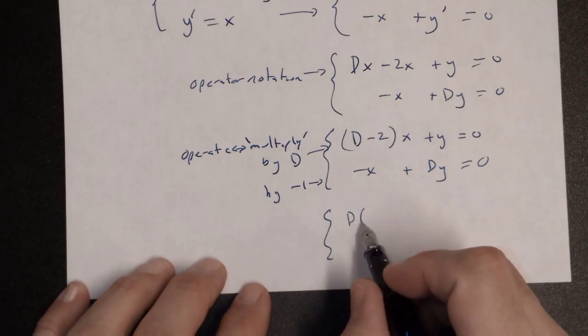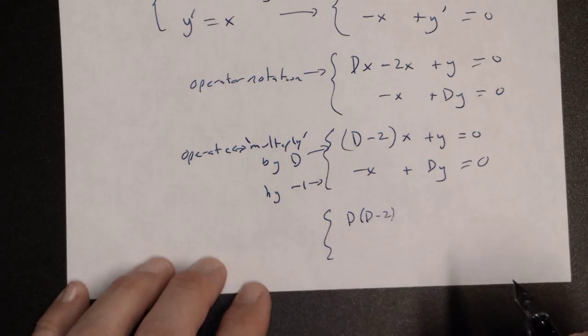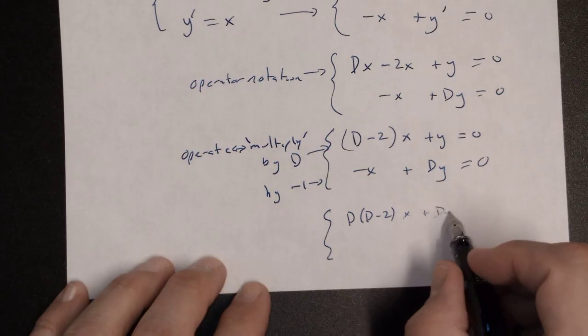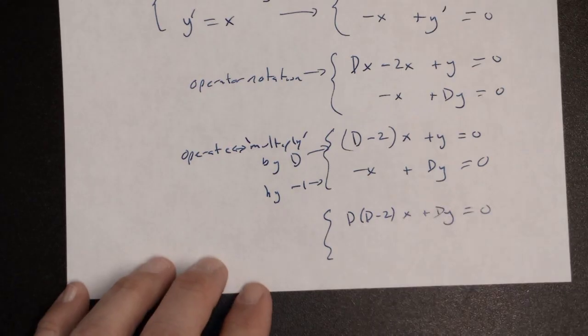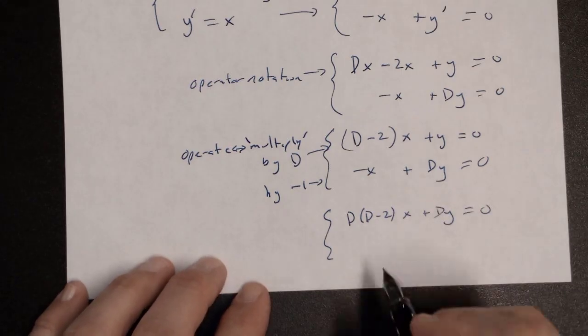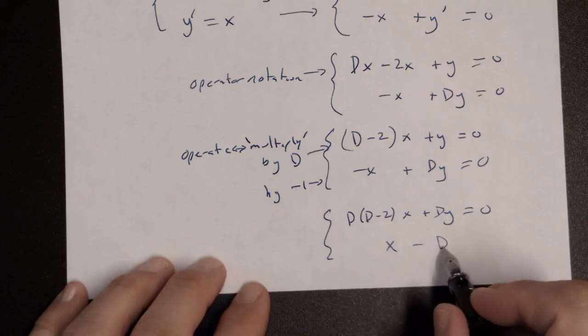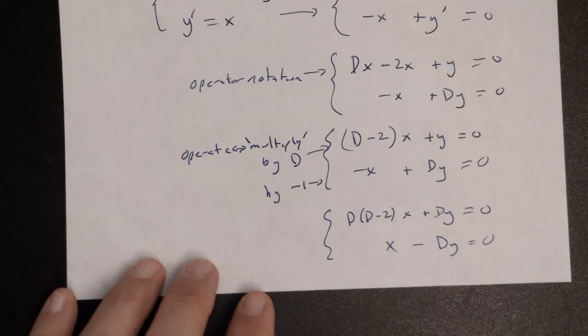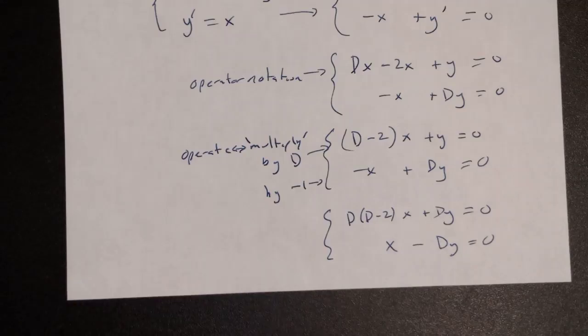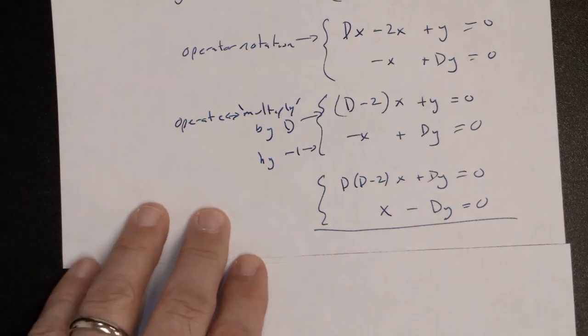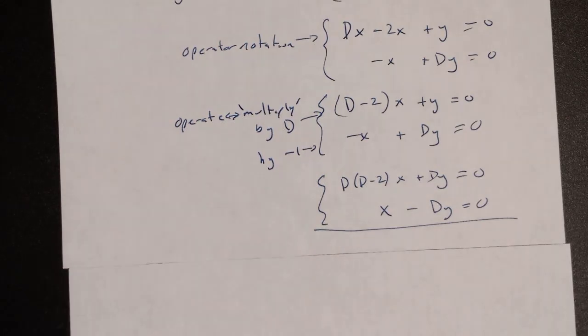Well, let's leave it factored for the moment, but yes, d squared minus 2d equals 0. And on the bottom, but I like thinking of that like it's d squared minus 2d. Elimination by addition. What happens if you add?